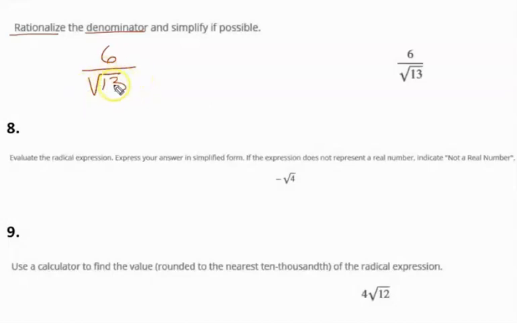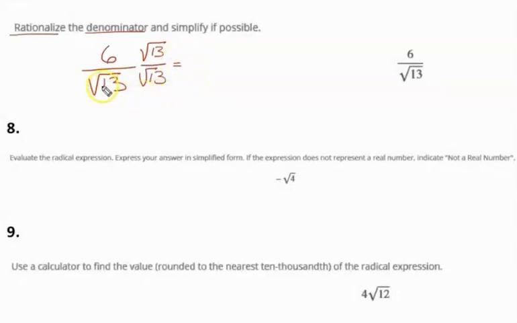Now, one of the most common ways to do it is to multiply a fraction, and we did this before, by 1. Now, the fraction we're going to use here is the square root of 13 over the square root of 13.